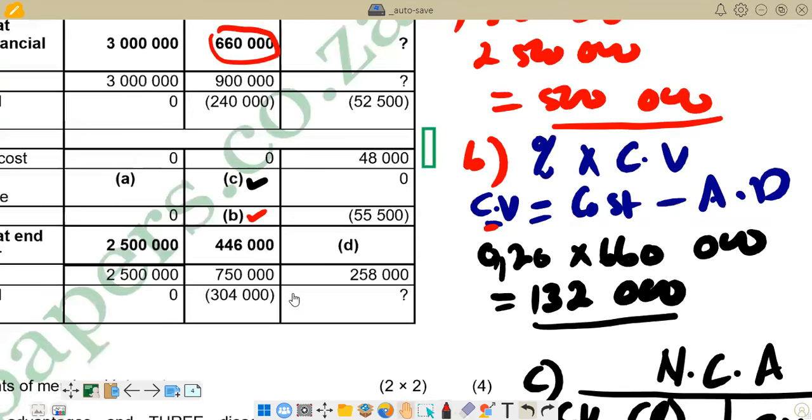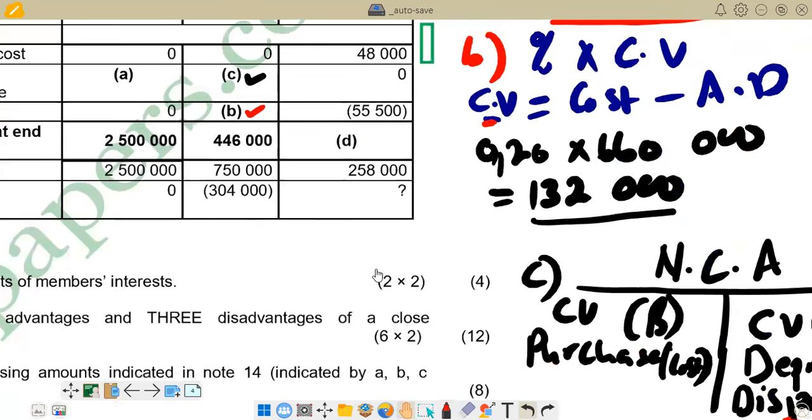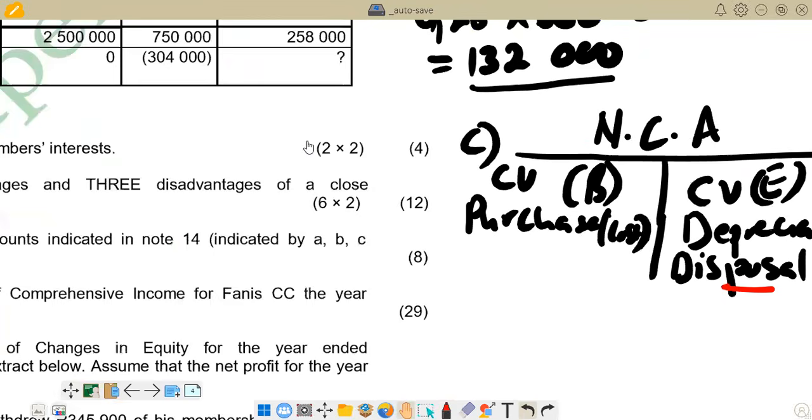Remember, we are on vehicles. This is the figure that we want, and this is the carrying value at the beginning, going to the debit side. This is the carrying value at the end, going to the credit side. This is the depreciation for the year going to the credit side, and then C becomes the balancing figure. We do not have any additions. Additions are the purchase. It's zero. So we just substitute those figures, 660,000.